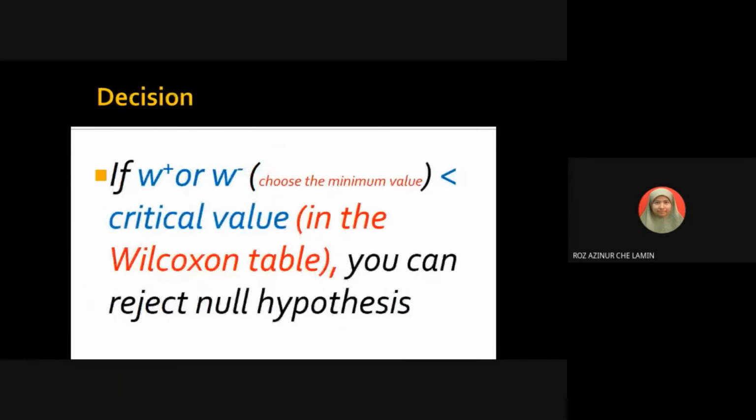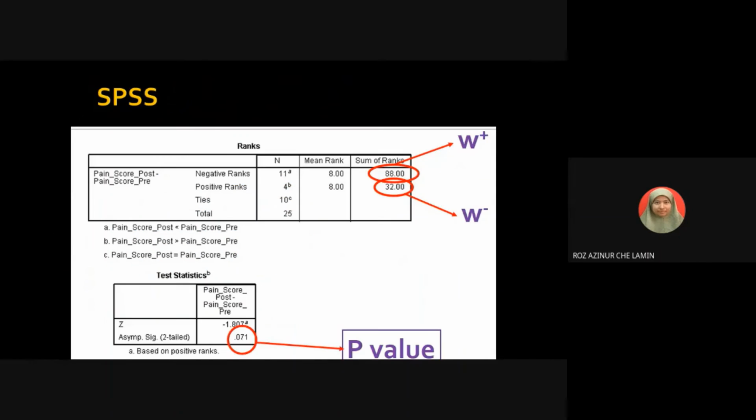If the minimum of W plus or W minus is lower than the critical value in the Wilcoxon table, you can reject the null hypothesis. This is the SPSS output for the Wilcoxon.